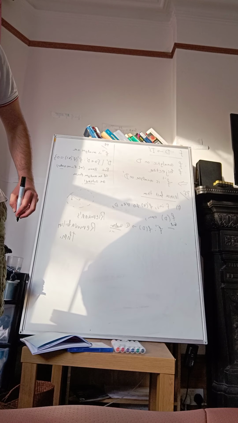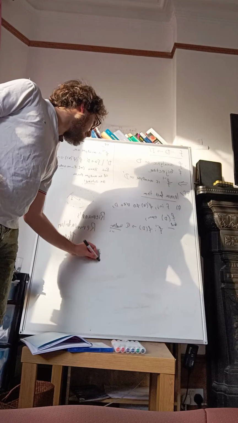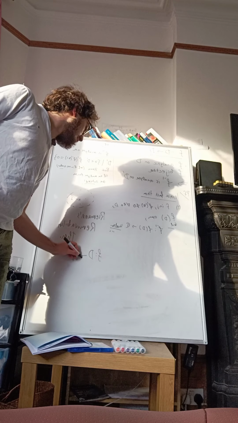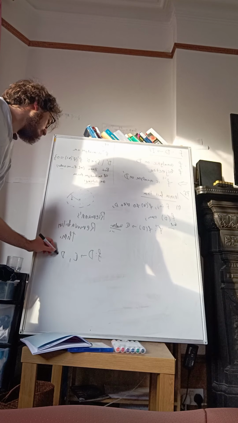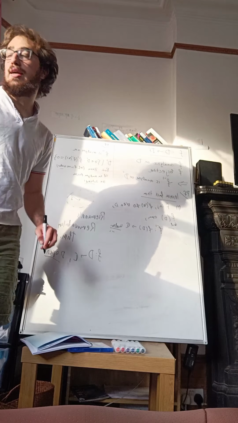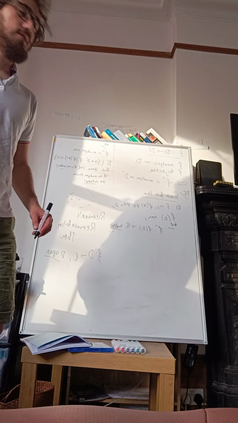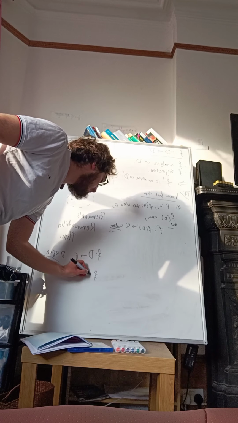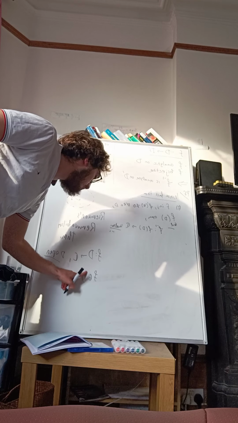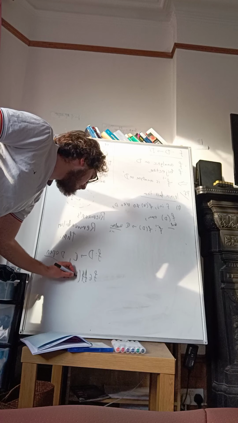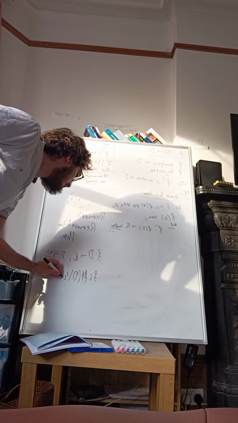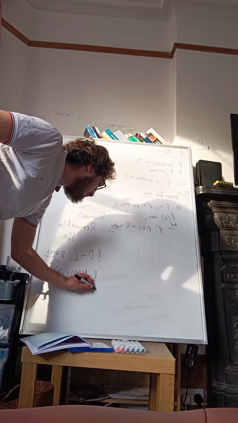So this says that F that maps from D to C, where D is open, and notice I'm not requiring it to be connected, where F is holomorphic on D apart from Z0, is removable.